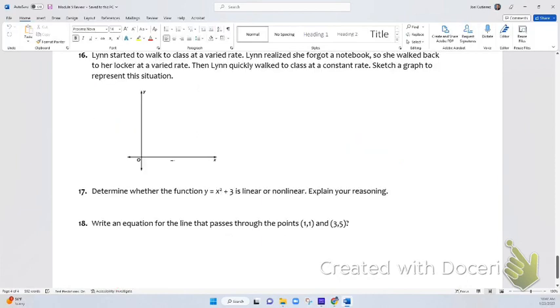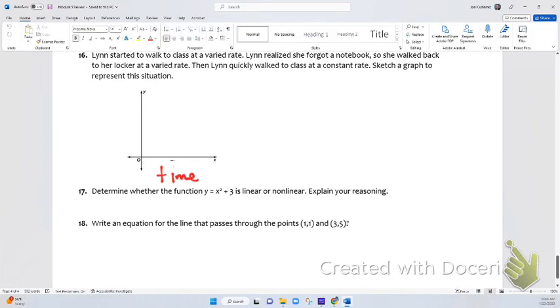All right, for number 16, Lynn started to walk to class at a varied rate. Lynn realized she forgot a notebook, so then she walked back to her locker at a varied rate. Then Lynn walked to class at a constant rate. Sketch a graph to represent the situation, right? So the bottom part, we are going to label time, okay?